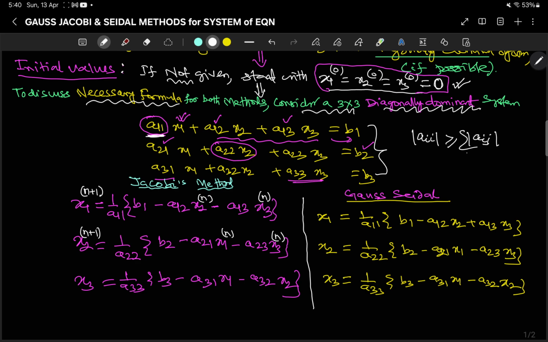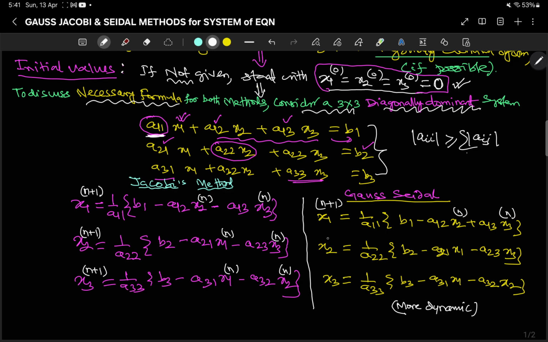However, the other method is more dynamic, in the sense that whatever improved result is obtained, we substitute it immediately. You see the difference now.